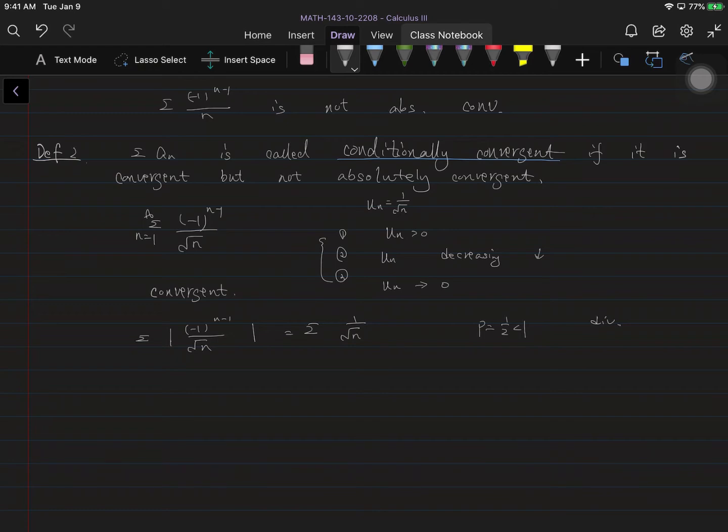So this is conditionally convergent. We can say this is example 2.